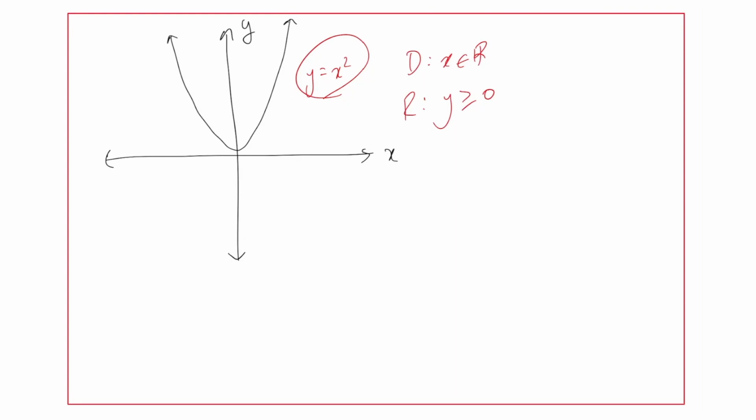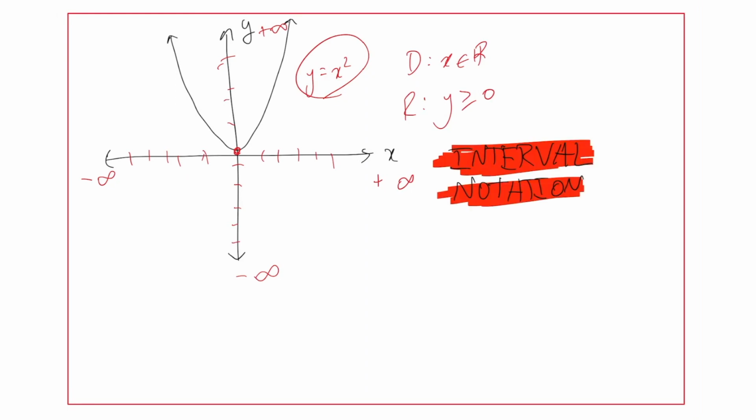Great, but now, as I said in the beginning, we're going to go through notation, different ways of writing domain and range. Now if we look here on the x-axis, we have positive infinity and negative infinity. The same goes on the y-axis, positive infinity and negative infinity going down towards the negatives. Now, with this, what can we write? Well, we're going to start with something we call interval notation.